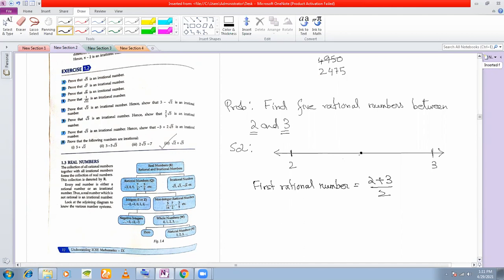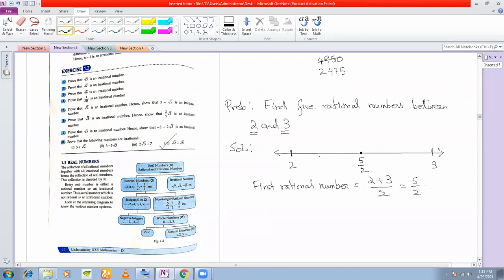Because you are taking midway between 2 and 3. You're taking the midpoint actually. That is why you are dividing by 2. So you get 5 by 2, which is 2.5. Or you can write this as 5 by 2. Keep it as a fraction, it will be easier for us to calculate. So this point is your 5 by 2.